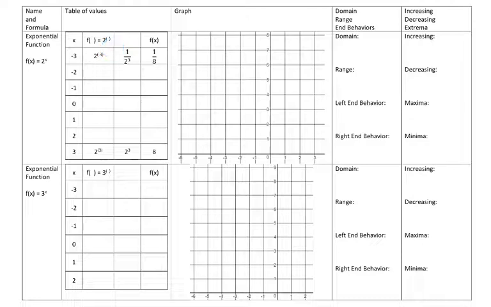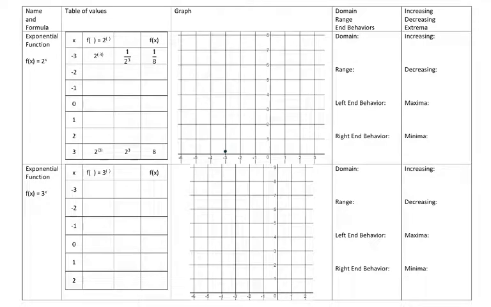to that input, and 2 to the negative 3 is equivalent to 1 over 2 cubed, which is equivalent to 1/8, which is going to be a small value. So plotting that point, I'm over here at negative 3, and then somewhere around 1/8 or so. All right, so it's going to be somewhere right about there.